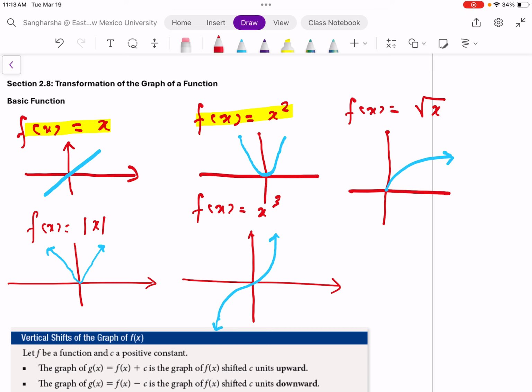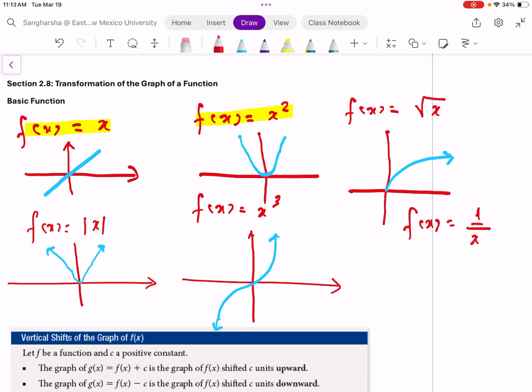Next, let's take our function f of x equals 1 over x. What would be the name for this type of function? Rational function. Okay. Any other name for this function? If you have an x, what is 1 over x called?